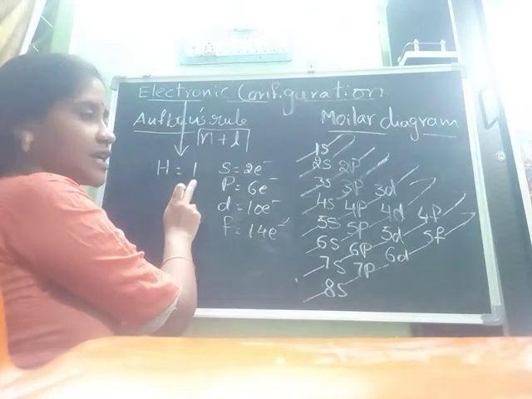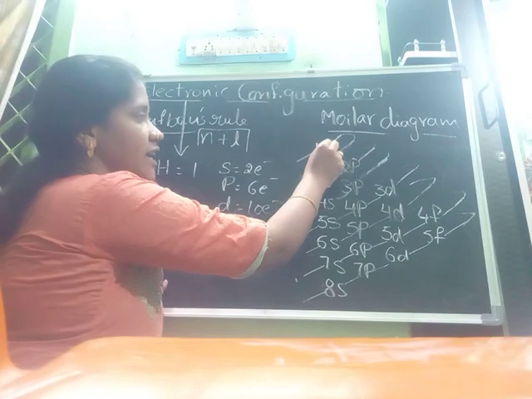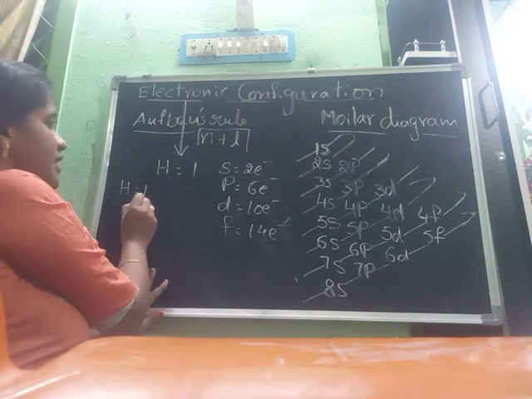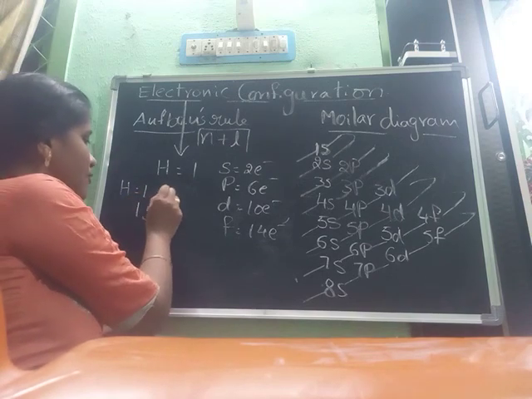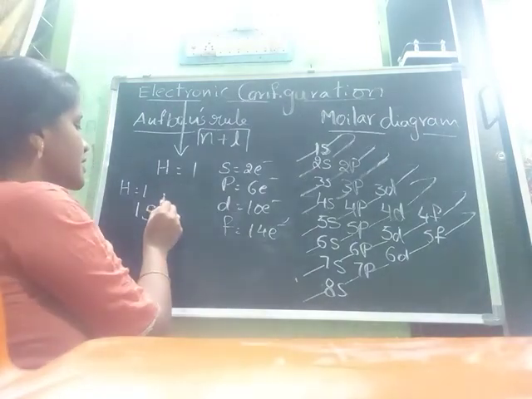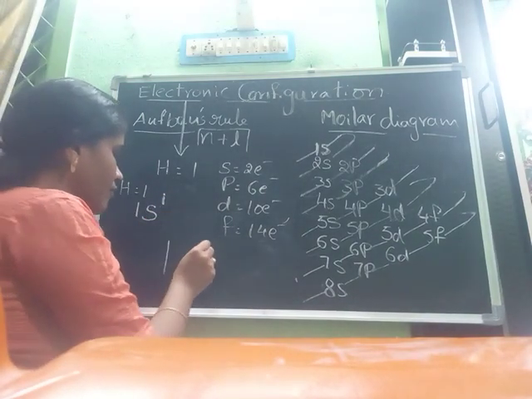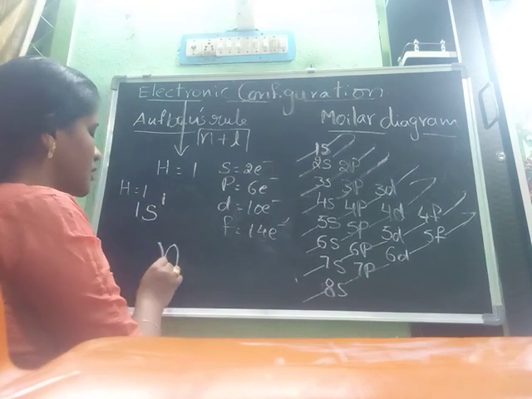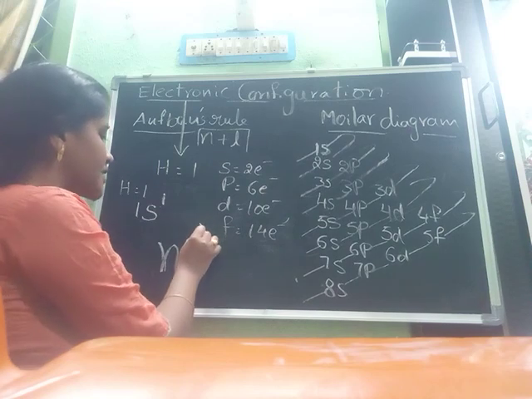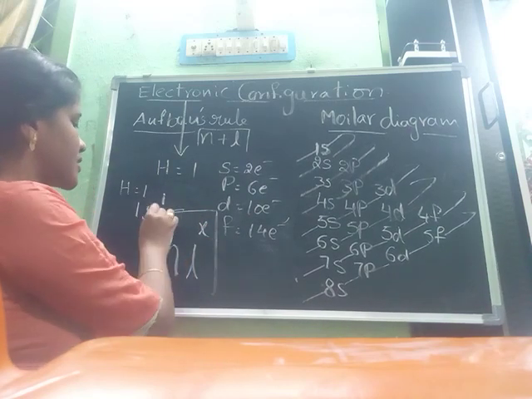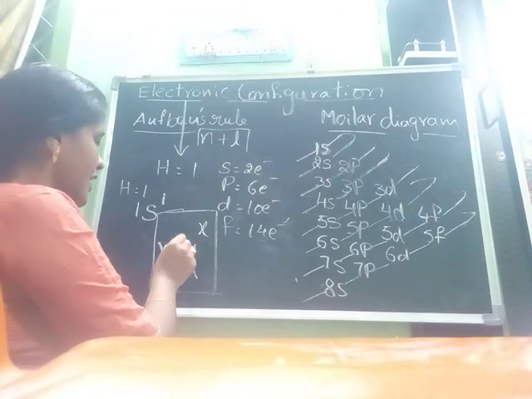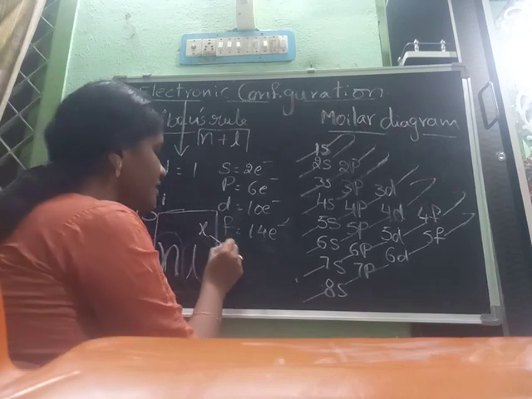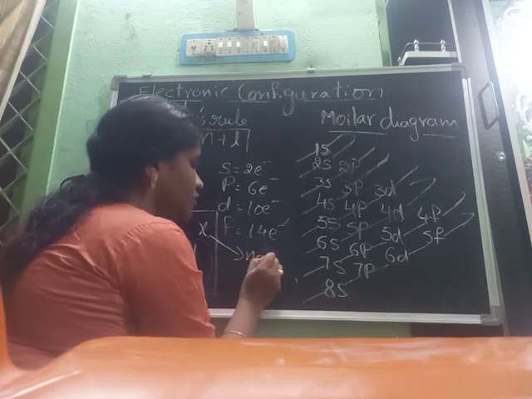Hydrogen contains 1 electron. So hydrogen atomic number is 1, it contains 1 electron: 1s1. See what we are writing. n l x: n indicates the principal quantum number, l indicates the azimuthal quantum number, x indicates the number of electrons.